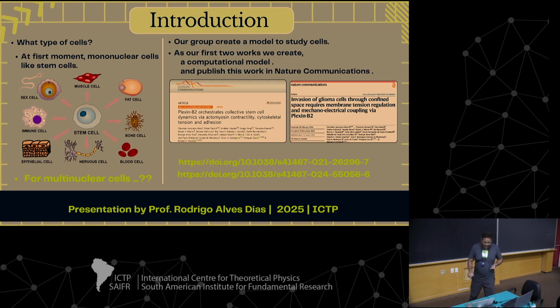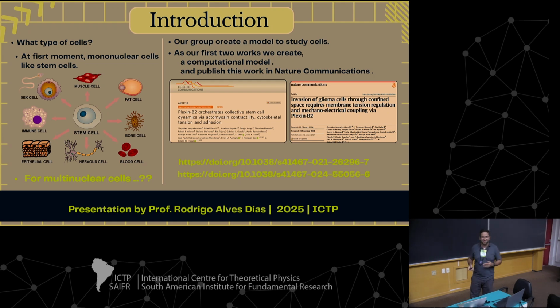What we will show today is only for mononuclear cells, and all the simulations that can be done with multinuclear cells are open, and I hope that anyone here wants to study this kind of simulation.